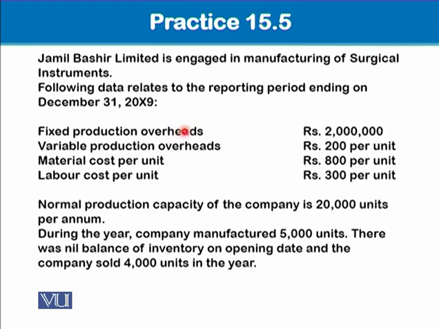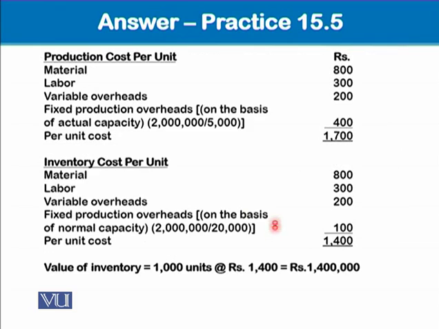See, our fixed production overhead is 2 million. If we divide this 2 million by the actual number of units produced, we get the fixed factory overhead cost per unit produced. Fixed factory overhead cost of 2 million per unit produced is 400 rupees per unit.